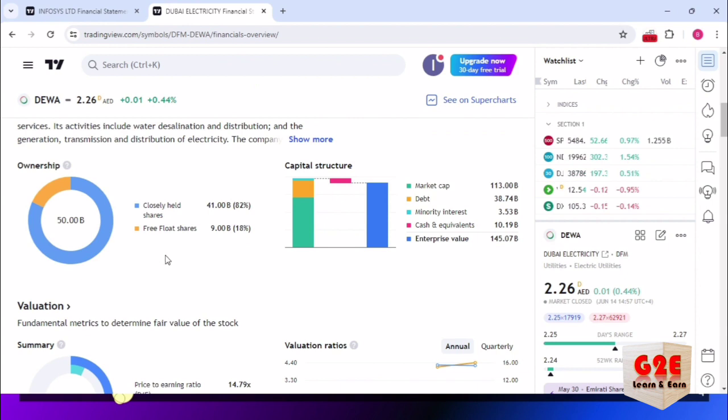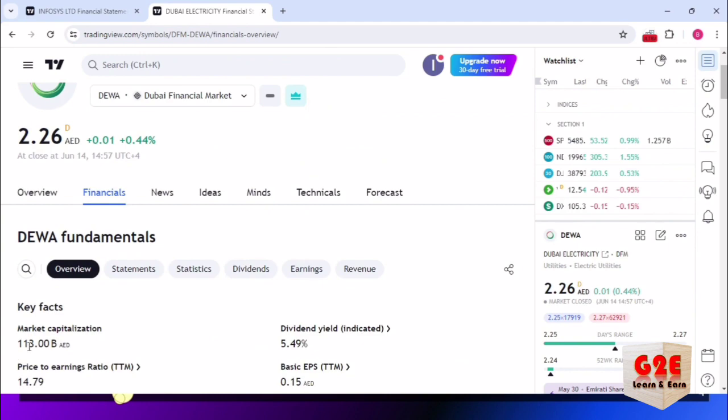Compared with Infosys, the management of DEWA holds a higher share. Free float is available for only 18%. If you add them together, it comes to 50, and the current market price is 2.26. If you multiply these, you get the market capitalization.